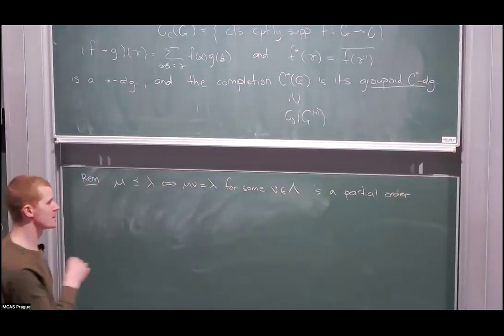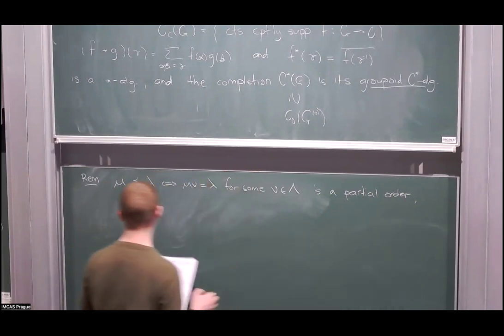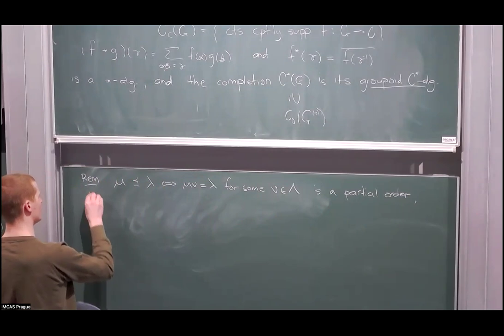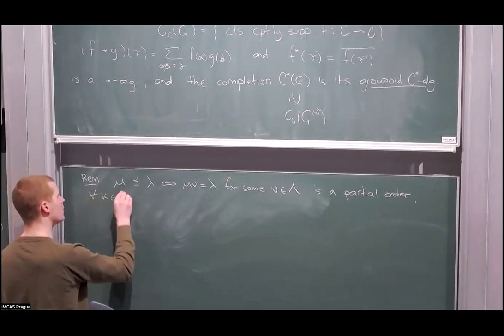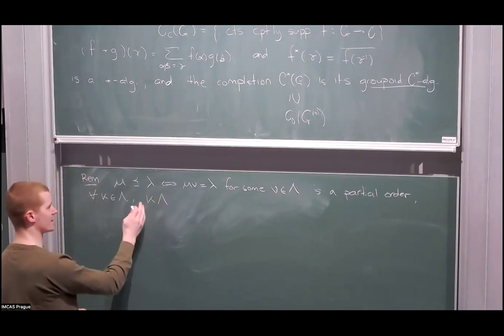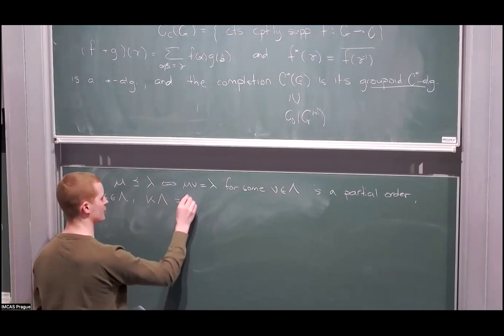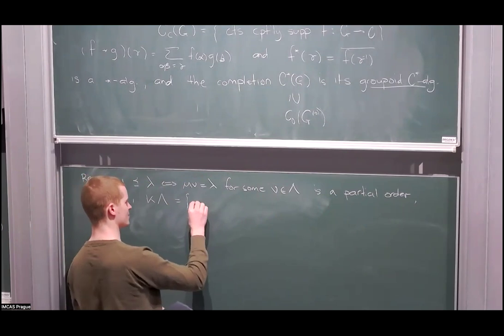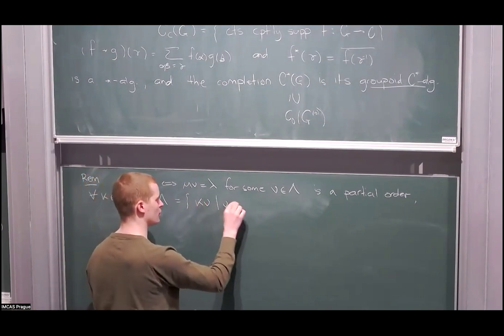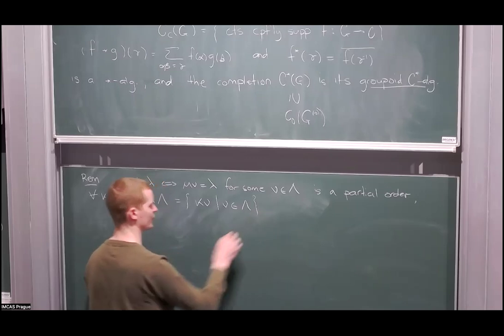And we write, for kappa in lambda, kappa lambda for the set of extensions, things of the form kappa nu, when it's well defined, so nu in lambda.